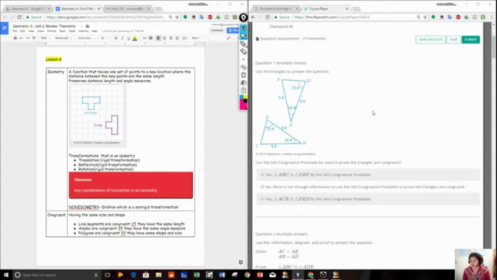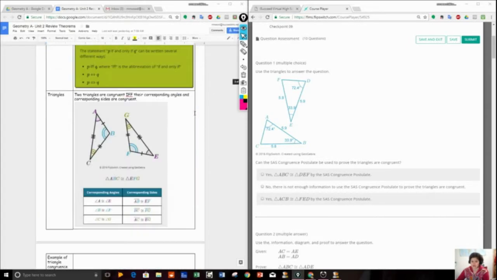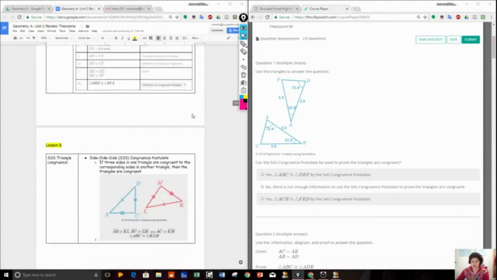No, there's not enough information to use this SAS congruence postulate to prove the triangles are congruent. Or yes, because triangle ABC is congruent to triangle FED by this SAS congruence postulate. So one question may be, what is the SAS congruence postulate, and is that really how I say it?